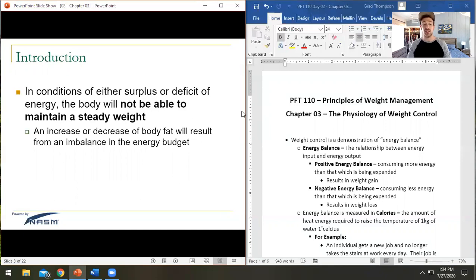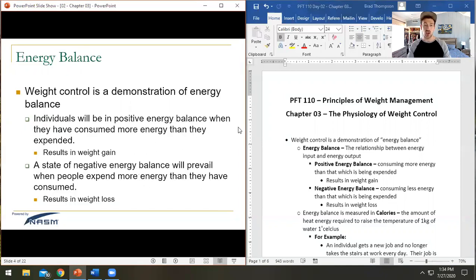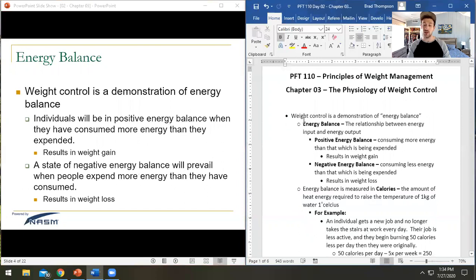Basically everything that we're describing here is what we call energy balance. An increase or a decrease in body fat is going to result in either a surplus or a deficit of that energy. So weight control is an example of energy balance, right? Our ability to maintain our weight or lose weight, all of that is an example of energy balance. It's the relationship between energy in and energy out.